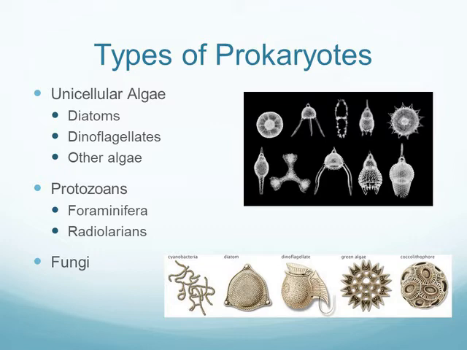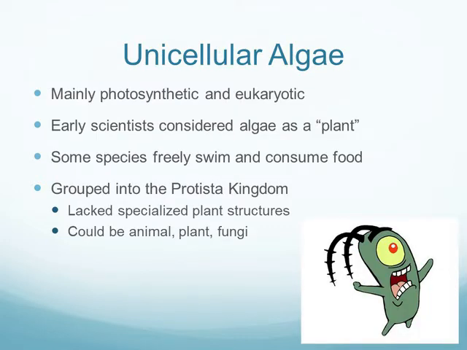You can have prokaryotes that are fungus related. So your unicellular algae, much like plankton is right there, tend to be photosynthetic, and they can be eukaryotes, but they don't have to be. So they can be prokaryotic or eukaryotic, either one, but they will almost always be photosynthetic. So you'll find them near the surface of the ocean.